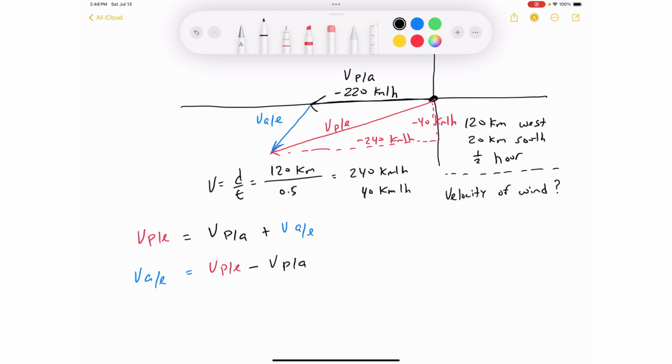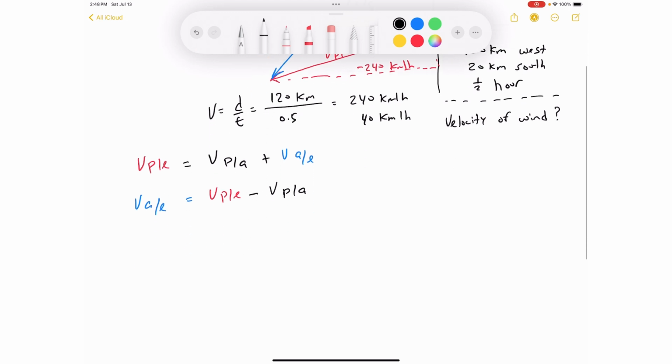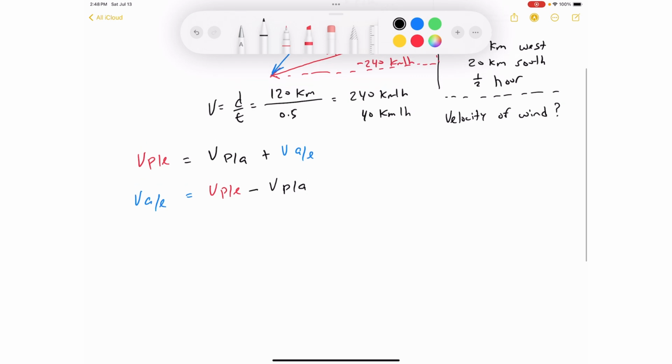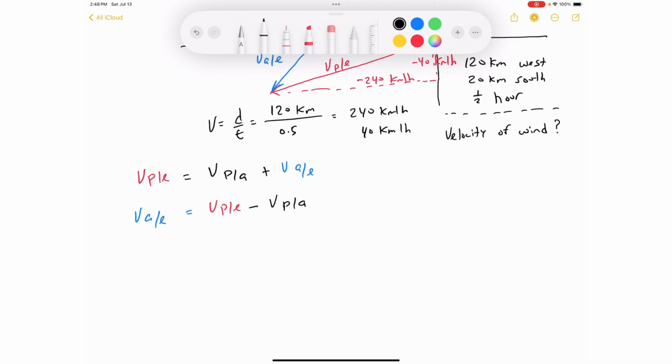So we just rearranged some of the items in this equation, and now we have what we're looking for. Now all we have to do is some subtraction.